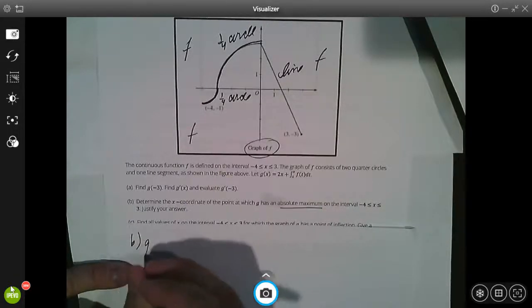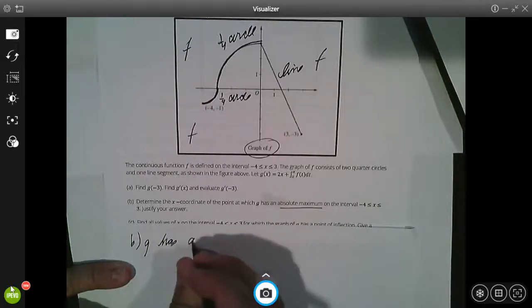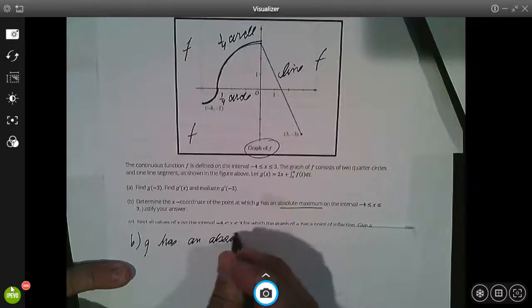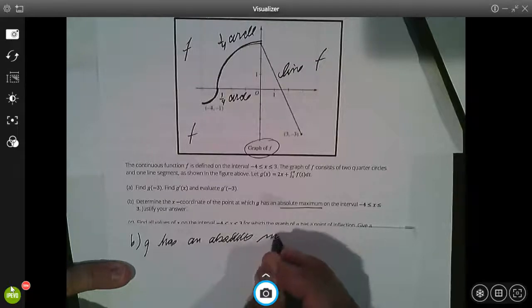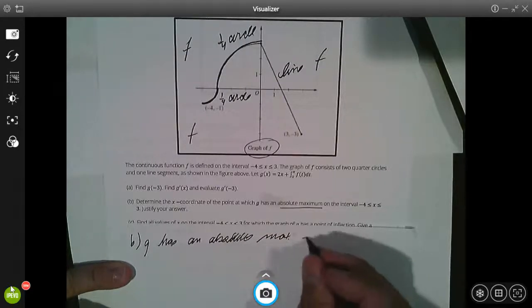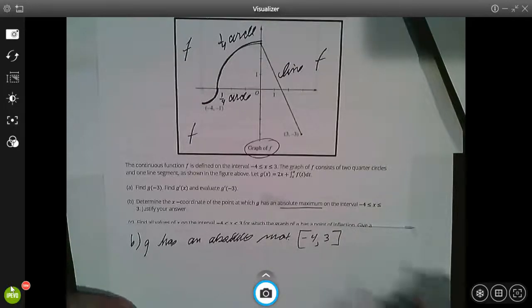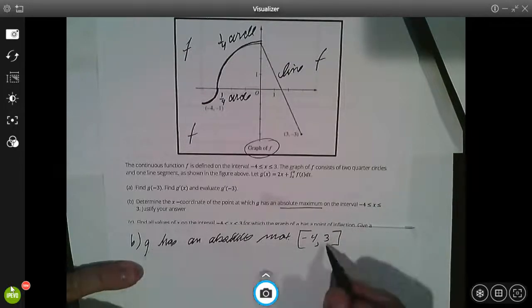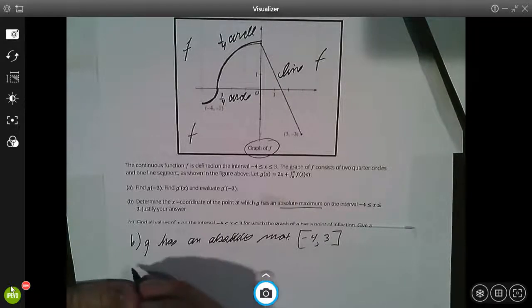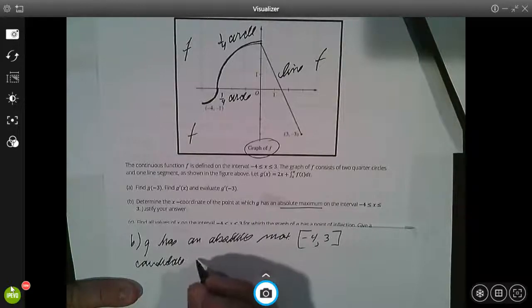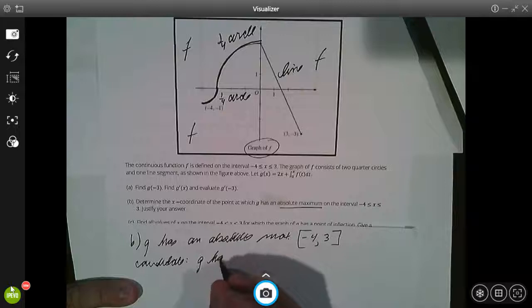So part B, if g has an absolute max on the interval -4 to 3, what I need to do is I'm going to have to evaluate g at the endpoints, and I'm also going to have to find the candidate. The candidate is the place where your function might have a relative max.